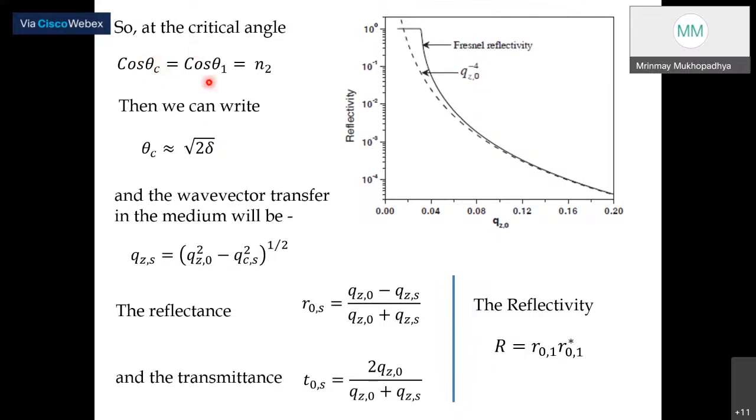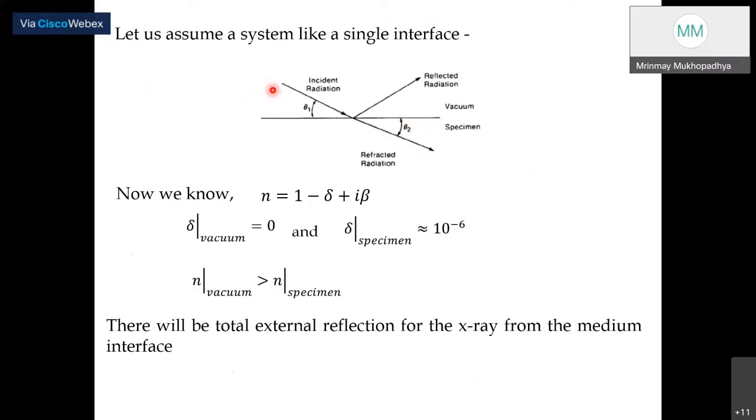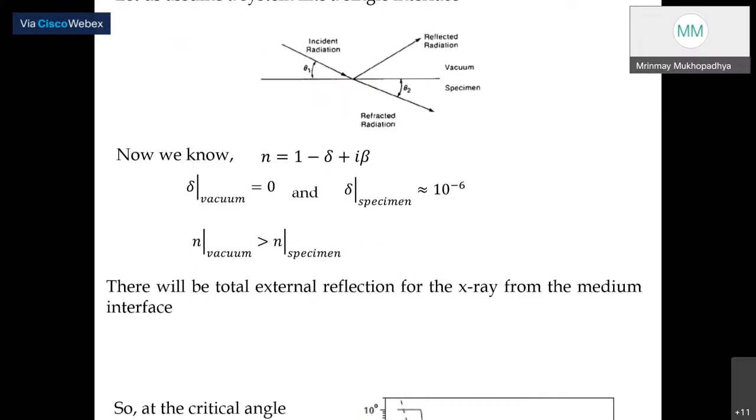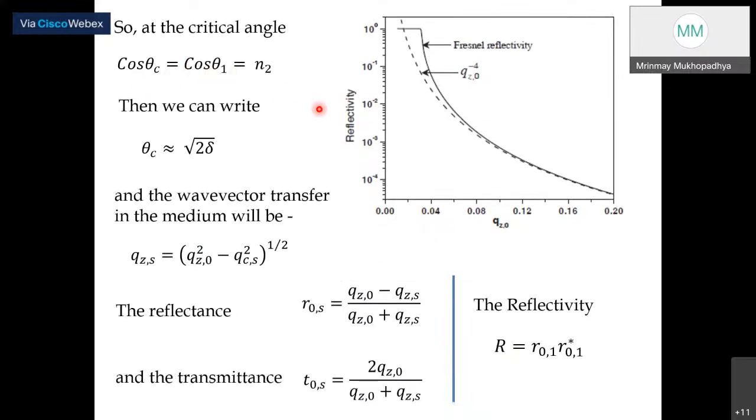So how do we define cos theta c? At theta c, the refracted angle theta 2 will be 0 and the incident angle will be theta c. The refractive index is basically a ratio of sine theta 1 by sine theta 2.